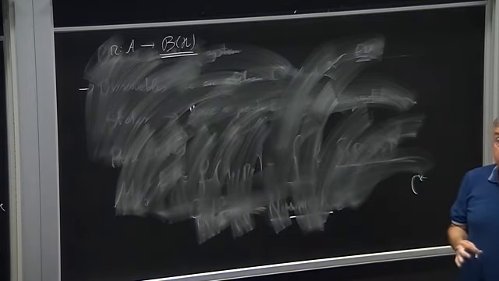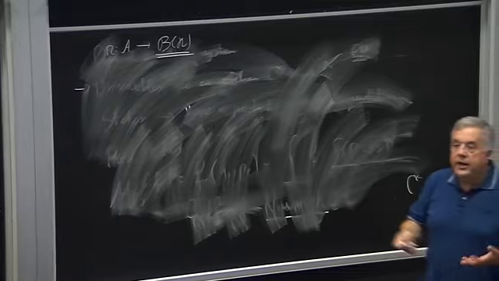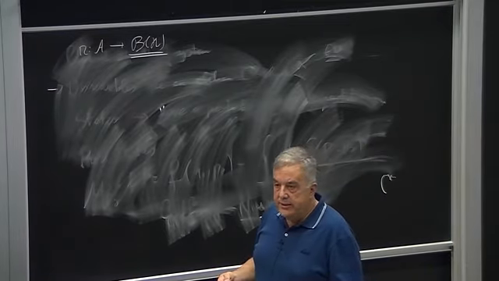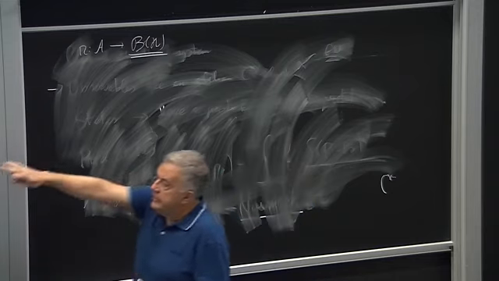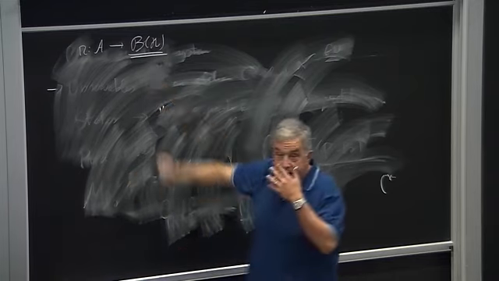The bounded operators in a Hilbert space is another fundamental example. It's the second and last fundamental example of what a C-star algebra is. So we have the model for the abelian case, and this is the model for the non-abelian case.